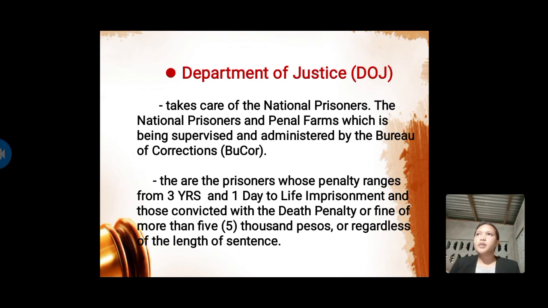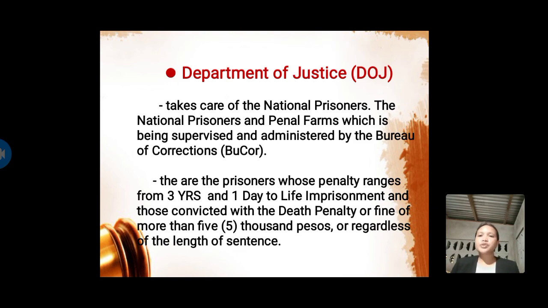So first is the Department of Justice or the DOJ. This takes care of national prisoners and penal farms, which are supervised and administered by the Bureau of Corrections or the BuCor.